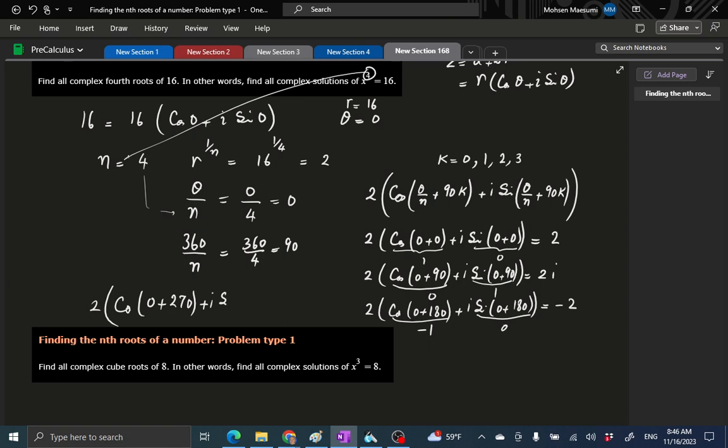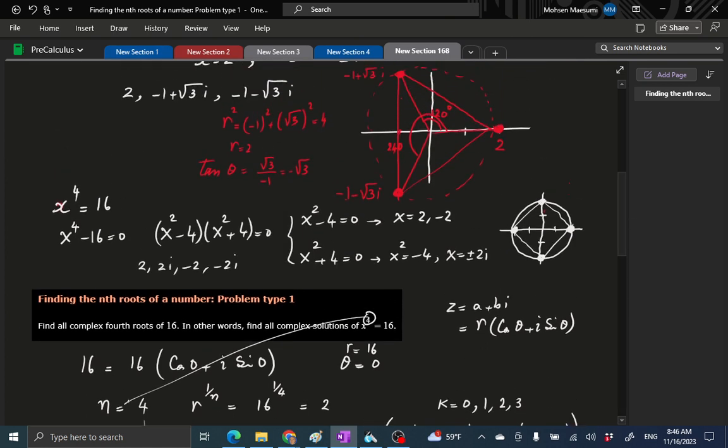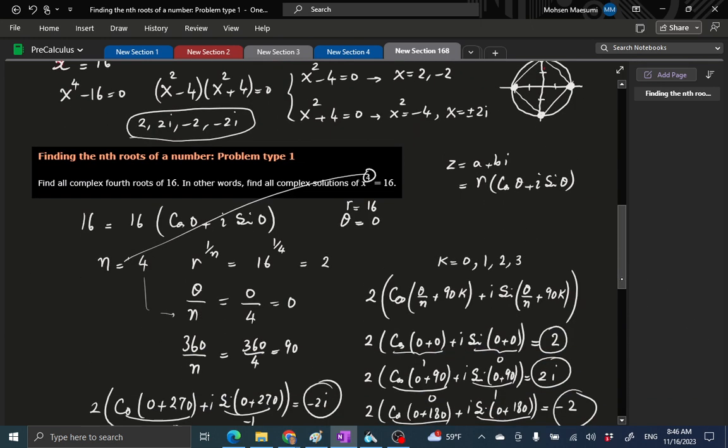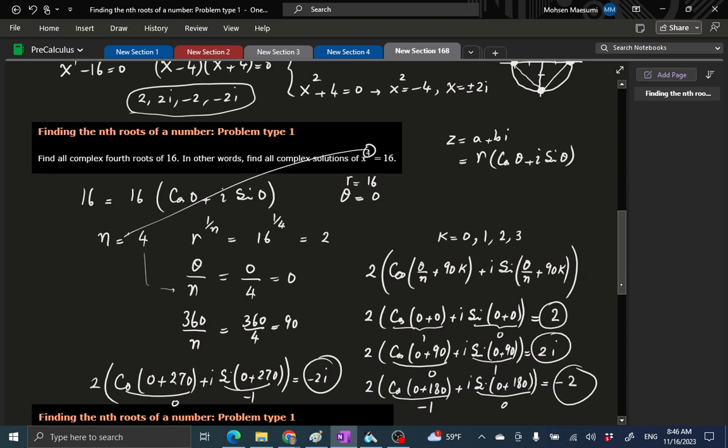Plus i sine of 0 plus 270. Well, cosine of 270 is 0, sine of 270 is minus 1, and I get minus 2i. So here are the 4 roots: 2, 2i, minus 2, minus 2i. These are the roots that we arrived at here by just plain algebra. Here we got it by applying the Moivre's formula, and we get this answer.